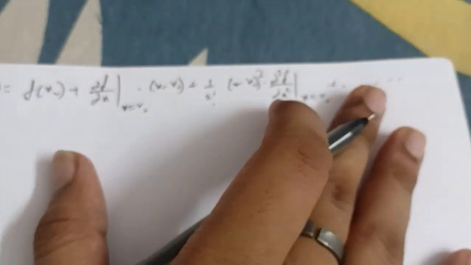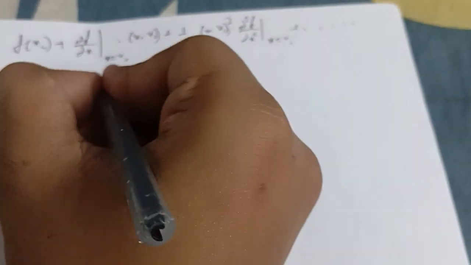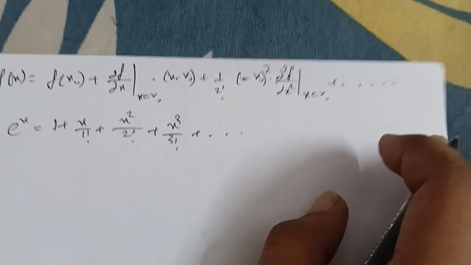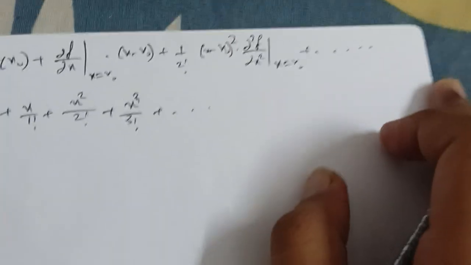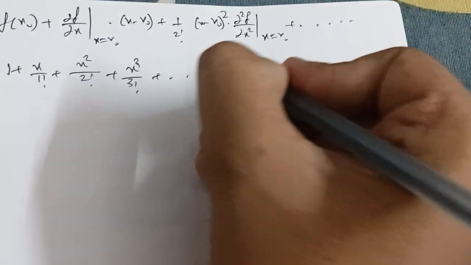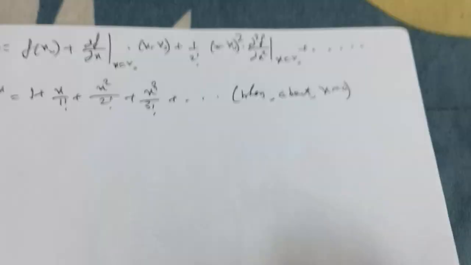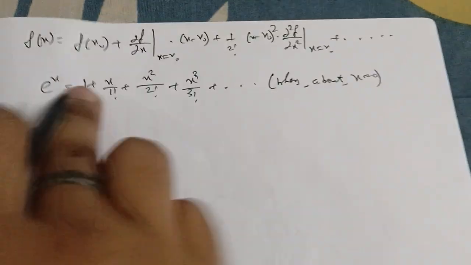So if we know that e power x is equal to 1 plus x by 1 factorial plus x square by 2 factorial plus x cube by 3 factorial, till infinity, we could use that formula in place of e power minus root s. But will it be right? No. Why? The expansion is only valid when it is expanded about x is equal to 0. Otherwise, this formula is not right.